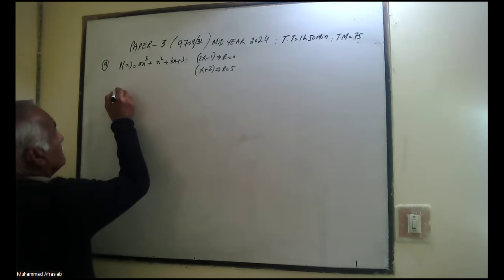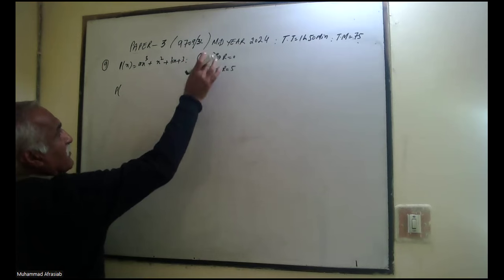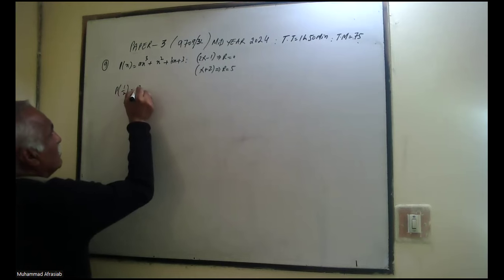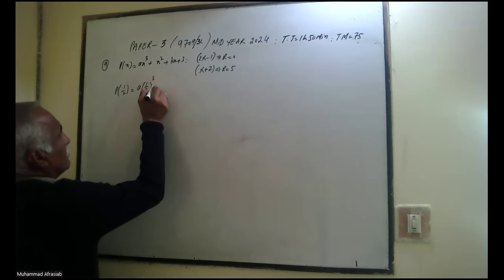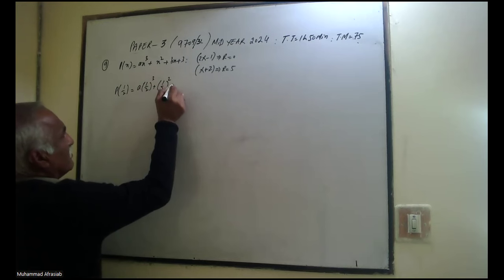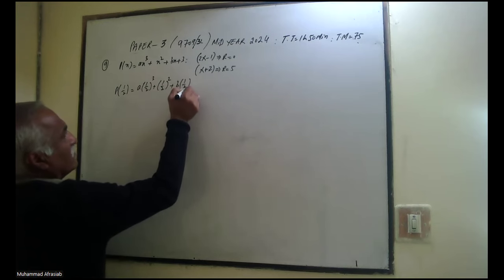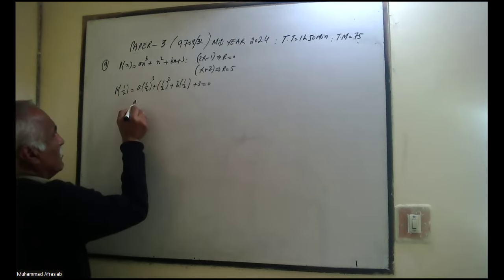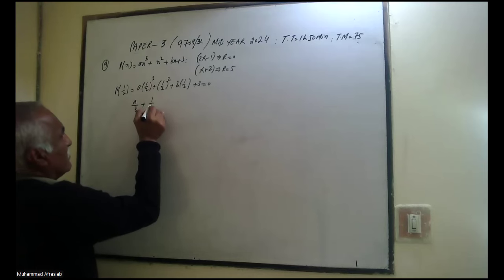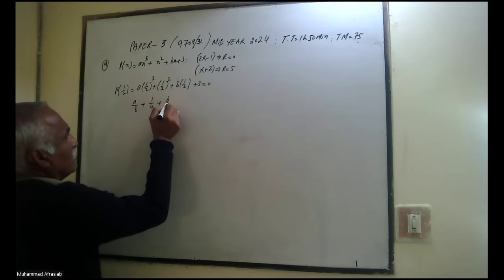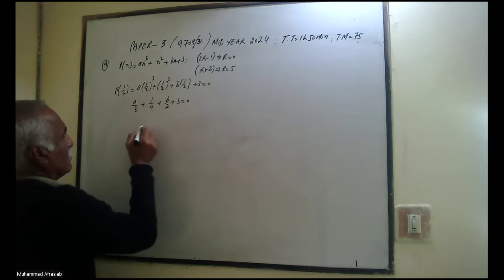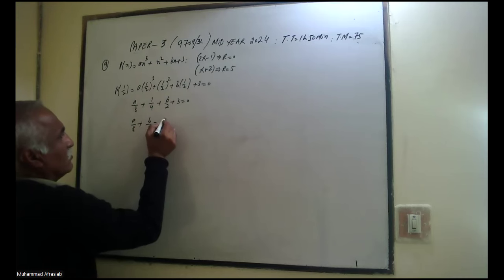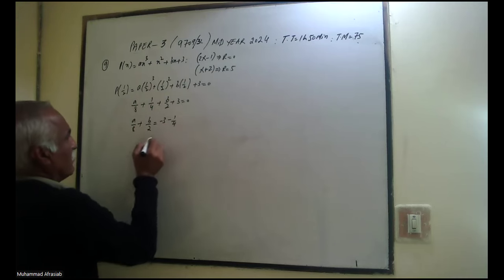So 2x minus 1 is the divisor because it leaves the remainder equal to 0. So p of half should be equal to a into half cube plus half square plus b into half plus 3, that is equal to 0, or this will be equal to a divided by 8 plus 1 over 4 plus b over 2 plus 3 is equal to 0, or a over 8 plus b over 2 is equal to minus 3 minus 1 over 4.